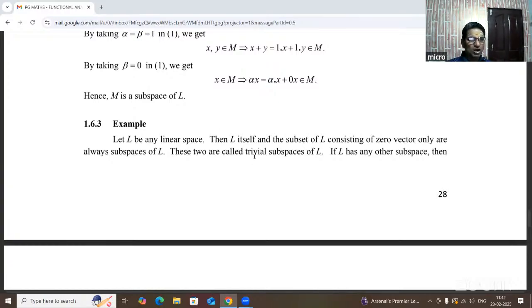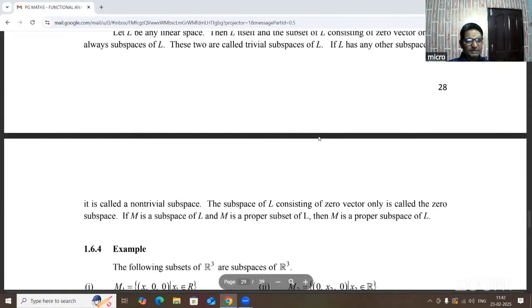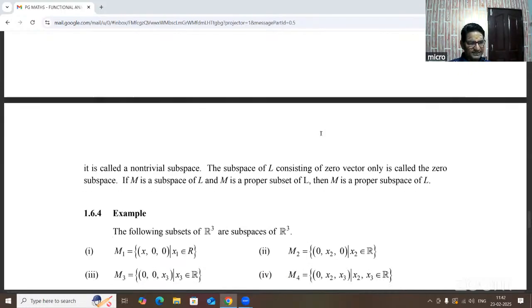The set of 0 and itself. Set of 0 means the 0 vector, and itself means all the linear space elements, satisfying the conditions of a non-empty subset. That is called a trivial subspace. The remaining other subspaces are called non-trivial subspaces, proper and improper.